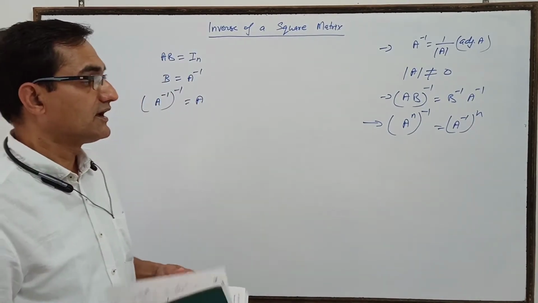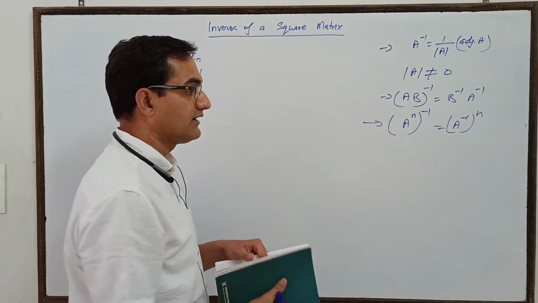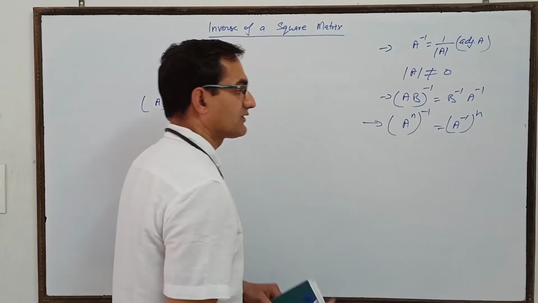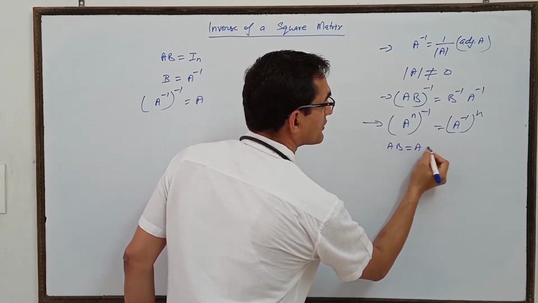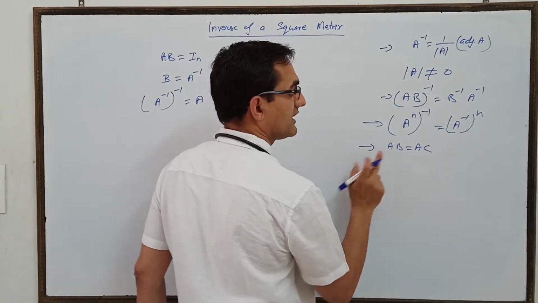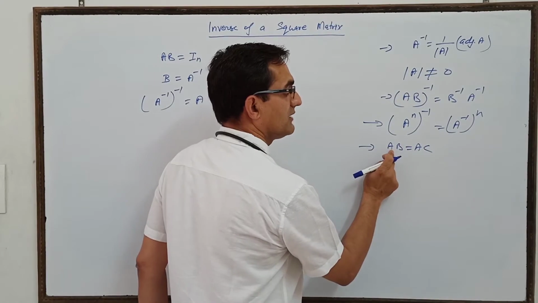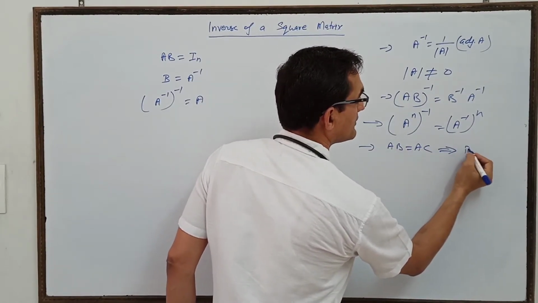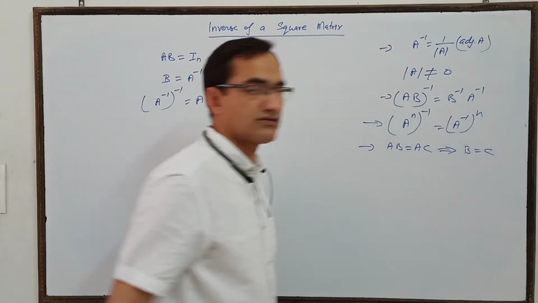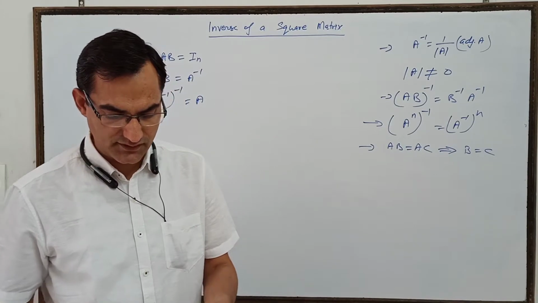And another, if A is a non-singular matrix and it is given that AB is equal to AC, this implies that B is equal to C.